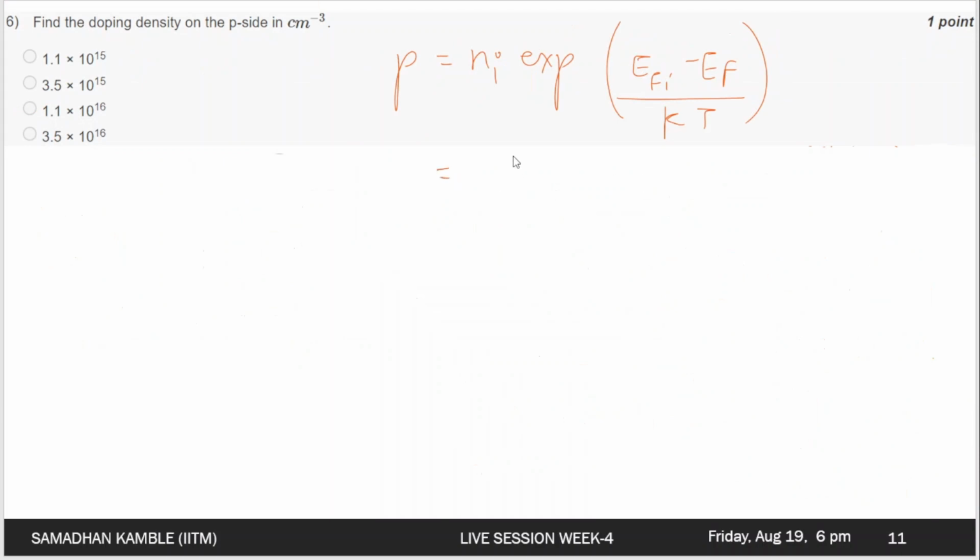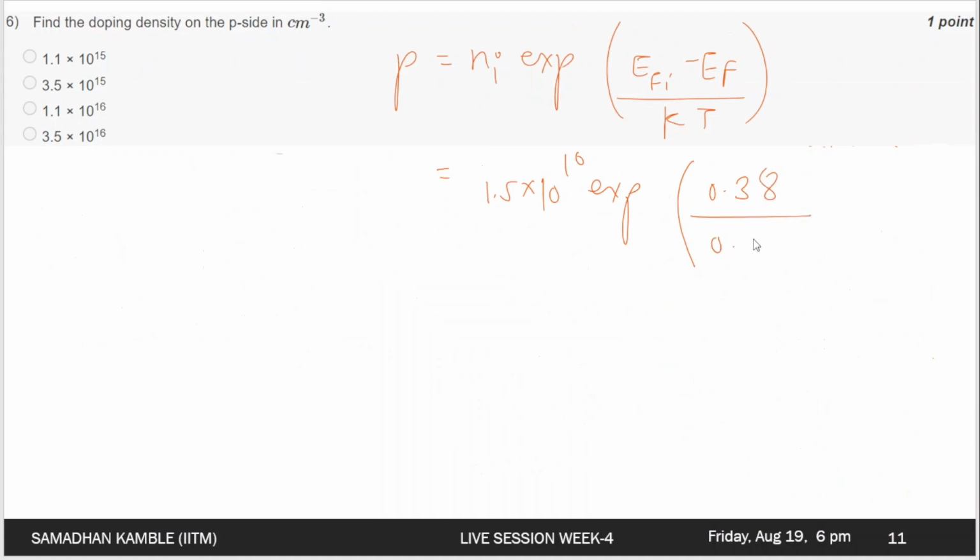So we can substitute the value of intrinsic carrier concentration. EFI minus EF comes out to be 0.38 in the P side case.